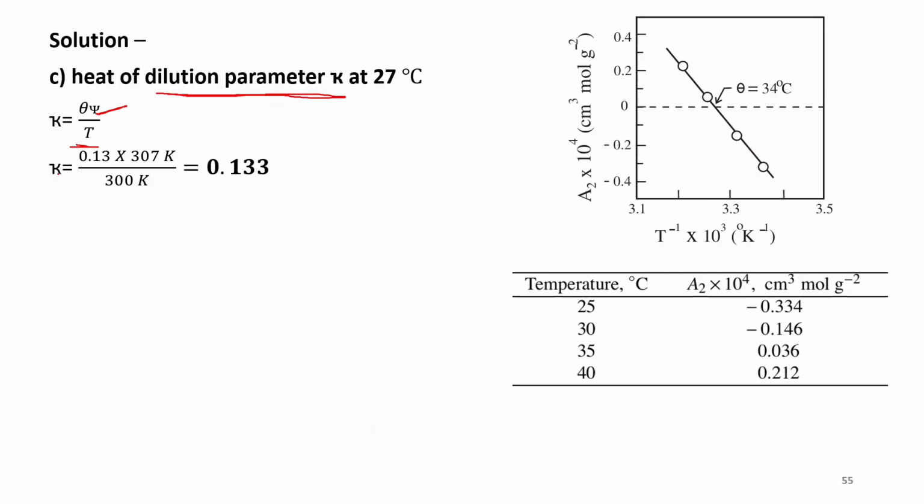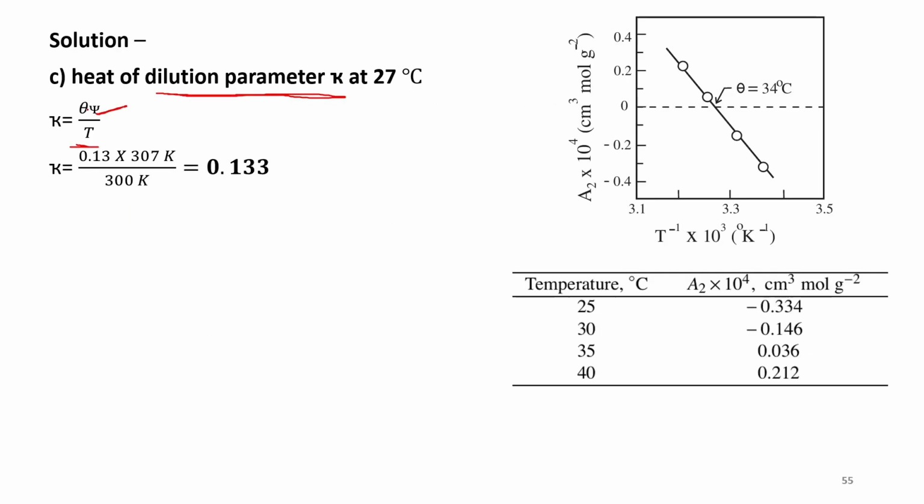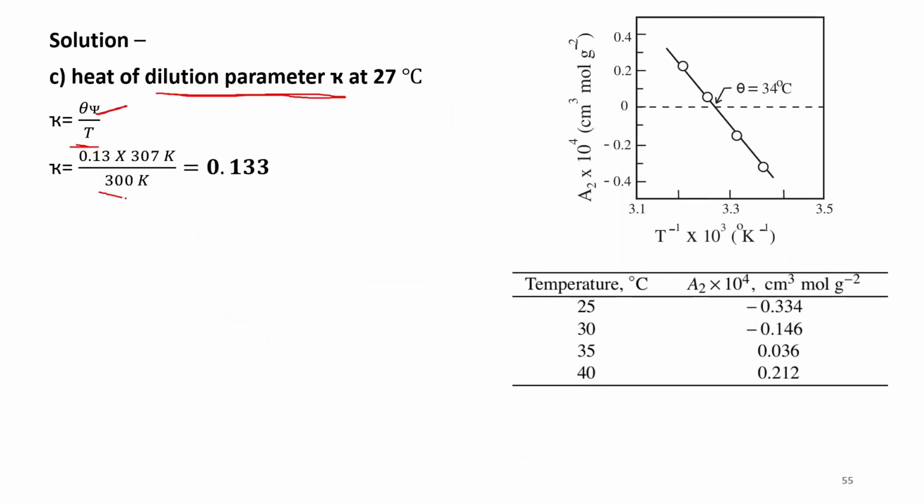We know that theta temperature is 307 Kelvin, which is 34 degrees Celsius, and the entropy of dilution parameter is 0.13, and we can divide by the 30 degrees Celsius, which is the working temperature, and we can calculate the heat of dilution parameter as 0.133, right?